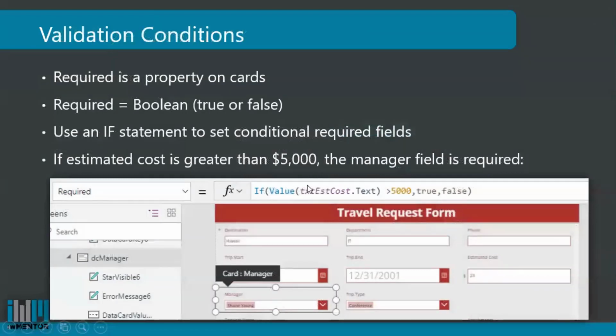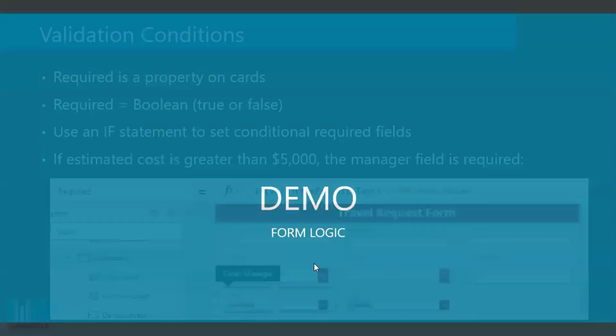So you can use an if statement. In this one, I said, if the value of your estimated cost, and that's this estimated cost field over here, is greater than 5,000, then true, it's required. Otherwise, false, it's not required. Pretty fun, huh? So the most common, again, are going to be whether it's read-only or editable, whether it's visible or not, and whether it's required or not when you're doing form logic.